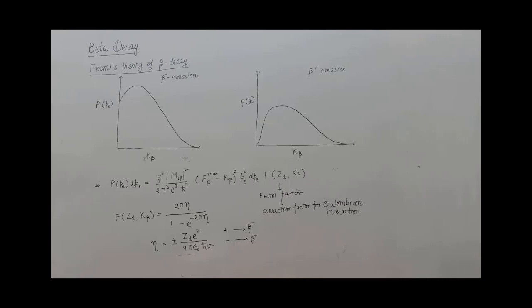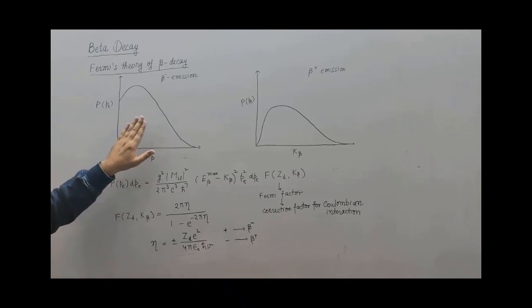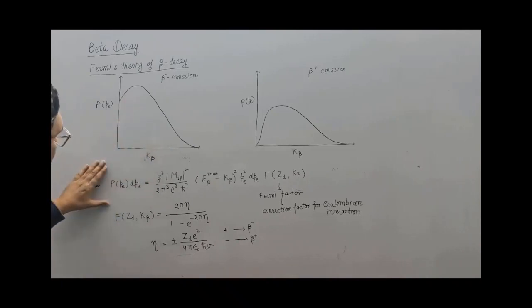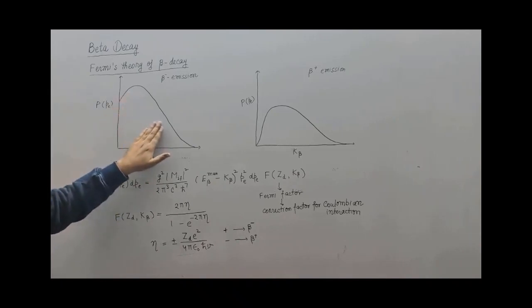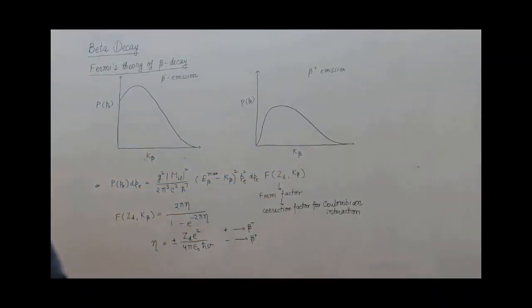They have plotted the probability of emission of beta particle, this P(E), as a function of the energy carried by the beta particle. On the basis of the graph, they found exactly the same continuous shape of these plots as obtained experimentally.